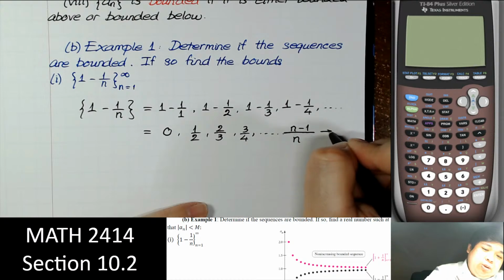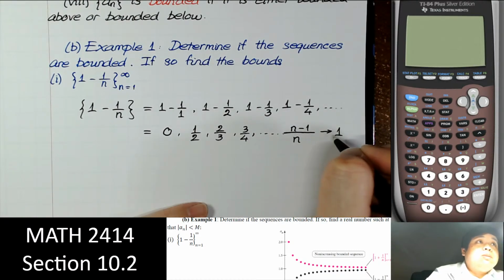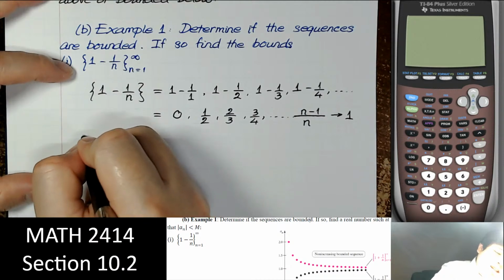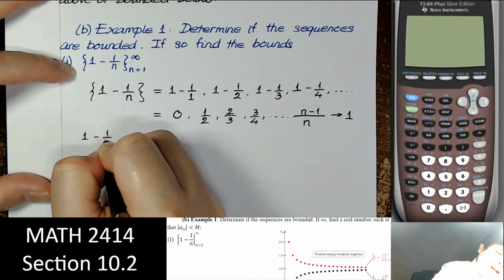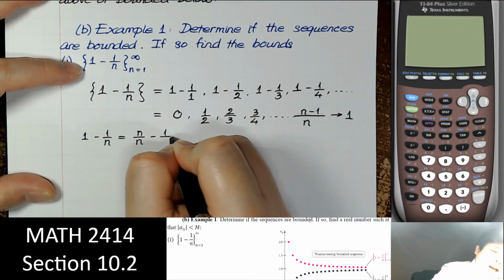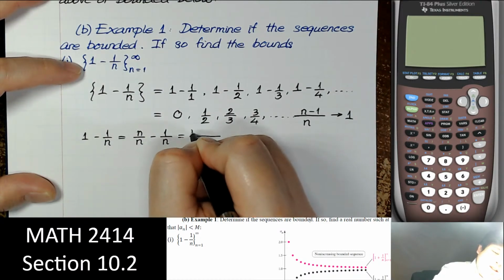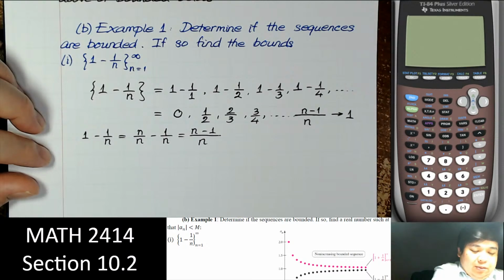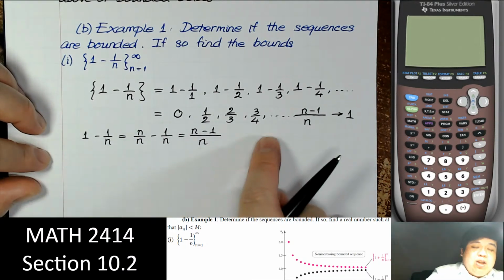Which goes to 1. By the way, 1 minus 1 over n is the same as n minus 1 over n, using a common denominator. And this one goes to 1.